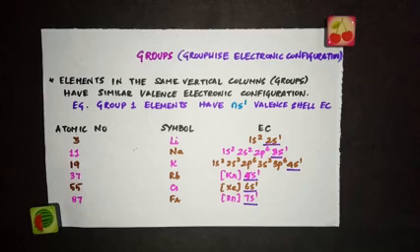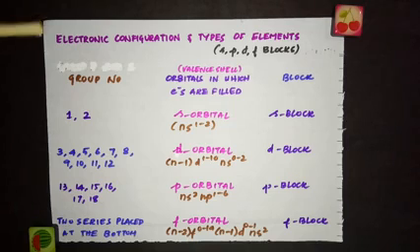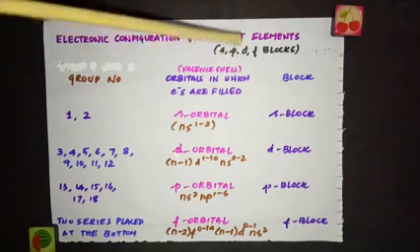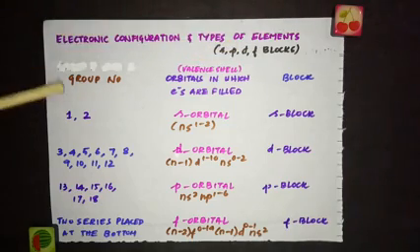Depending upon the type of atomic orbitals that are being filled by the electrons, these elements are classified into 4 different types. We will see the electronic configuration and the type of elements, whether they belong to s block, p block, d block or f block elements. Now we have a total of 18 groups in the modern periodic table.